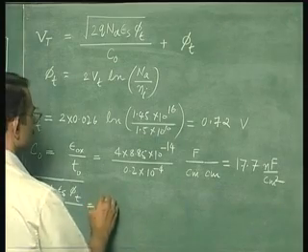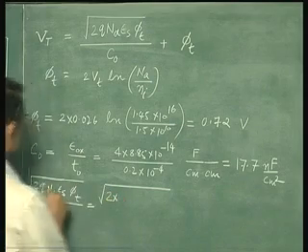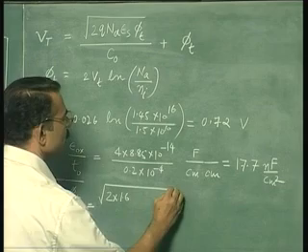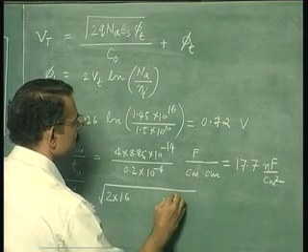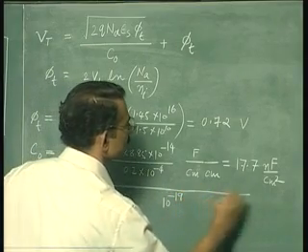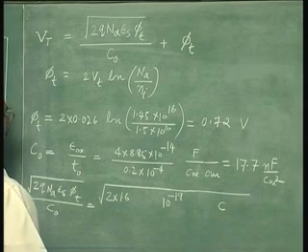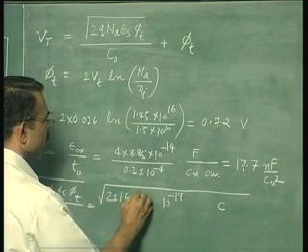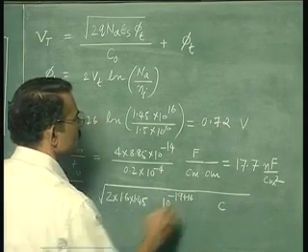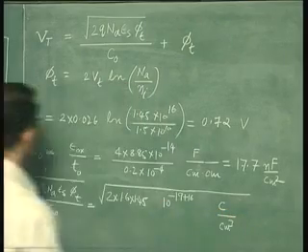So this will be equal to square root of 2 into q, which is 1.6 into 10 power minus 19. We always collect all powers of 10 together, and we also write the units here, so coulomb. Then the doping level, that is 1.45 into 10 power 16, and this is per centimeter cube.